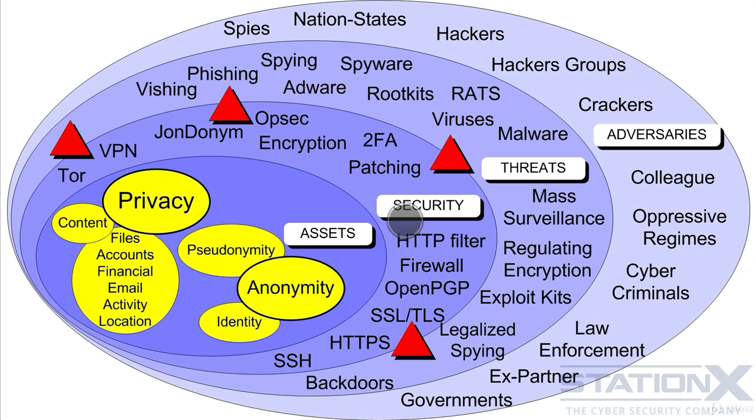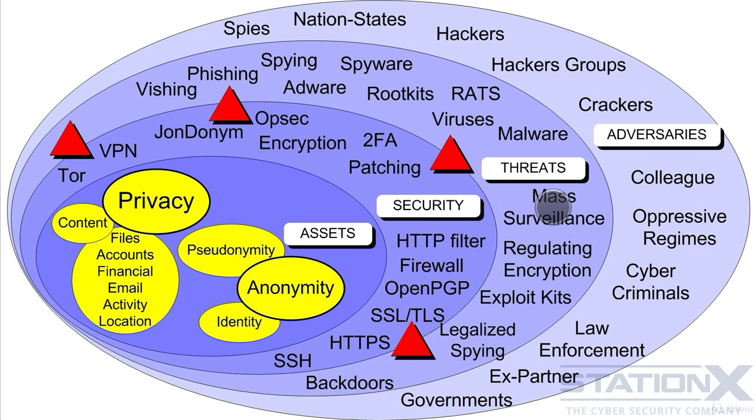So this means that security is the degree to which our assets are resistant to threats from our adversaries. And we select security controls based on the type of threats and adversaries that we face.